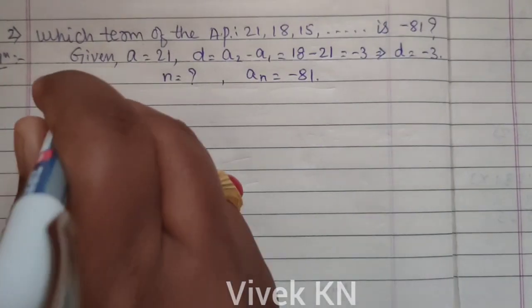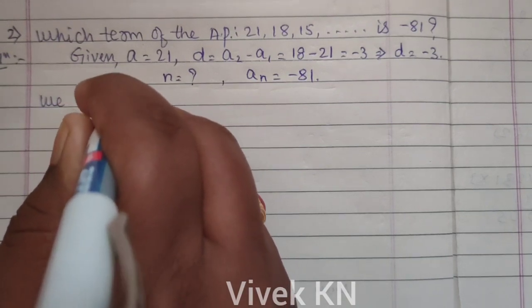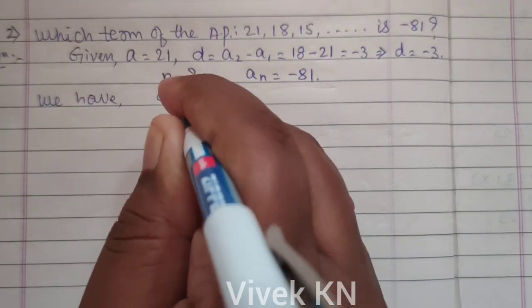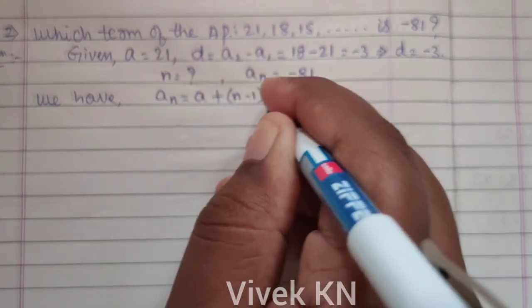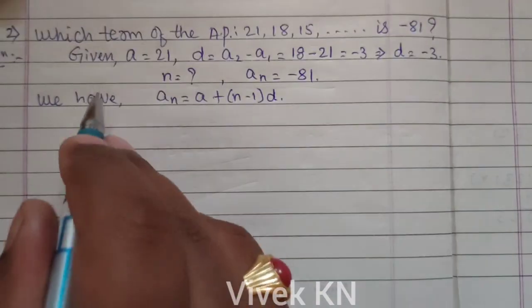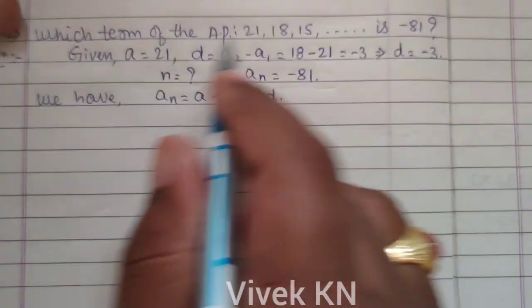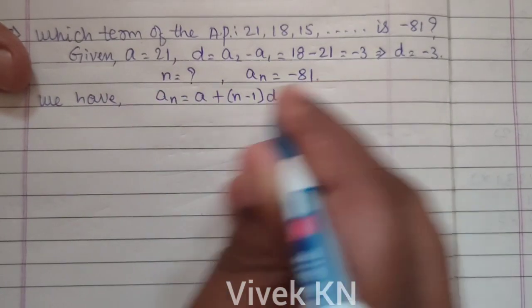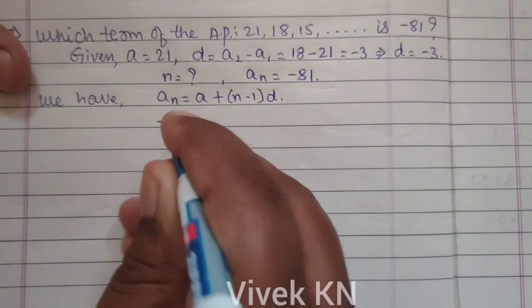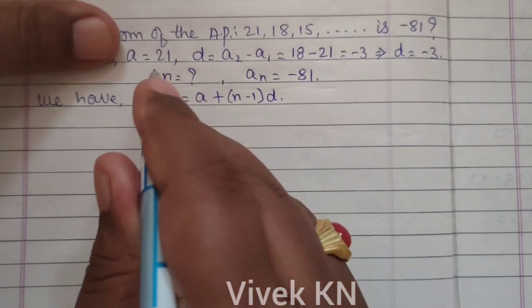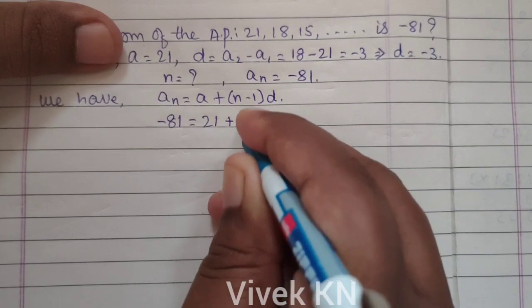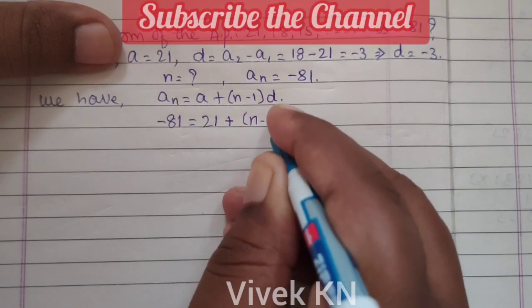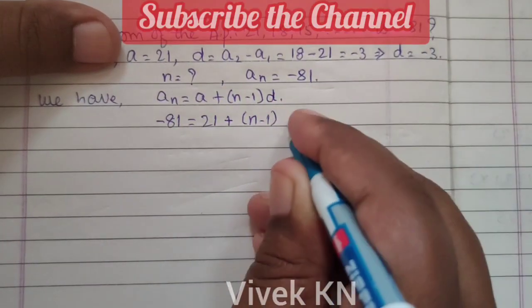We have an is equal to a plus n minus 1 into d. Substituting these values in this formula, we get an, which is minus 81, is equal to a, which is 21, plus n minus 1 into d, which is minus 3.